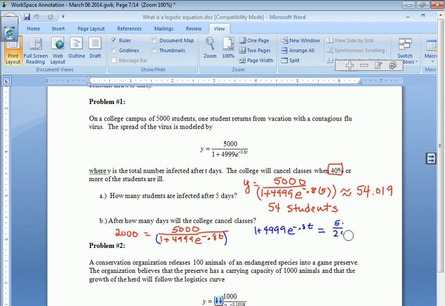So instead of distributing that, I want you to go ahead and multiply this out here and then divide by this constant. Now we can subtract the 1 from that nicely, and so we get 4,999 e to the negative 0.8t equals 3 halves when we subtract the 1.